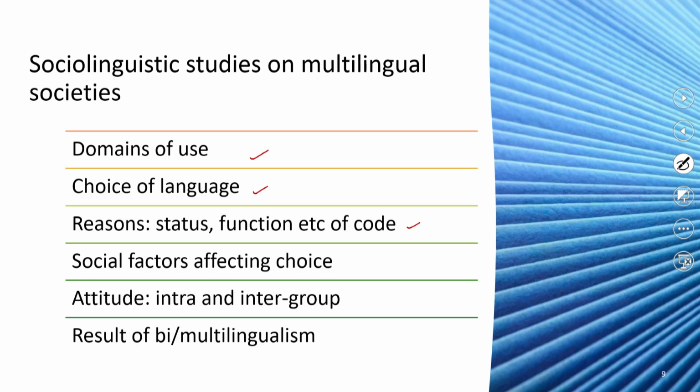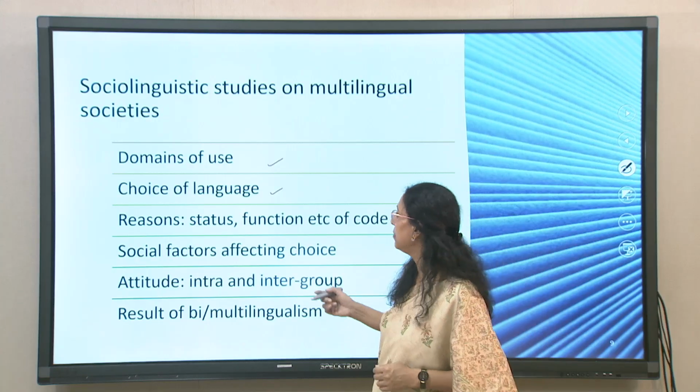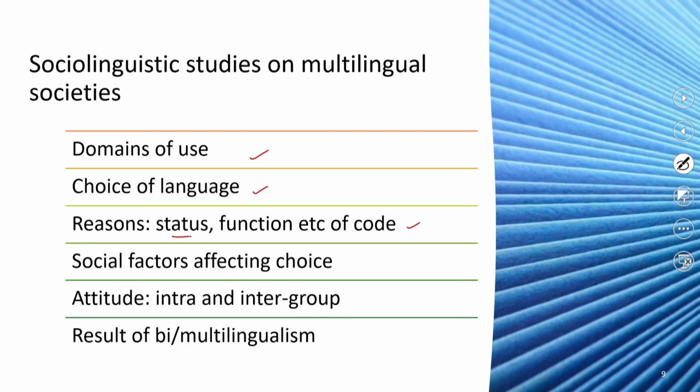Typically we do not have much choice there, but in other cases there are other kinds of social variables that interact with the linguistic variables. So, when you are not forced, what do you do? Do you switch to a particular variety to show status, or do you choose to use another variety to show solidarity, politeness? There are multiple social variables at play.